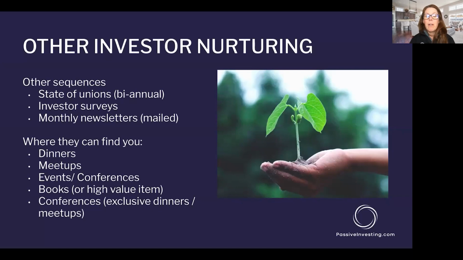If you put out a book or a publication or a new ebook, make sure your investors know that, okay? Any sort of high value item. All right, so those are the things, making sure that they can find you and you're openly inviting them into your world.